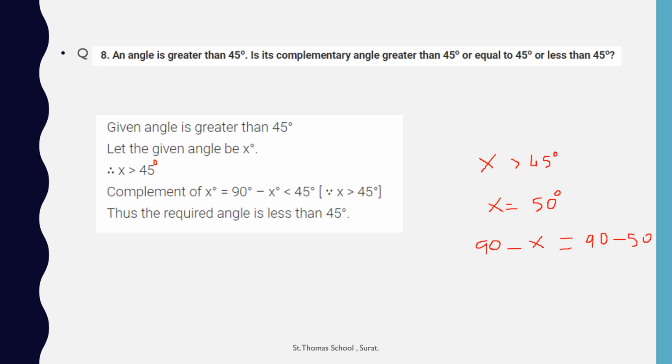So what is 90 minus 50? That is 40 degrees. So x is 50, so 90 minus x is 40 degrees. It's clear, children? So x is greater than 45 degrees, so 90 minus x is less than 45 degrees. Thus the required angle is less than 45 degrees.